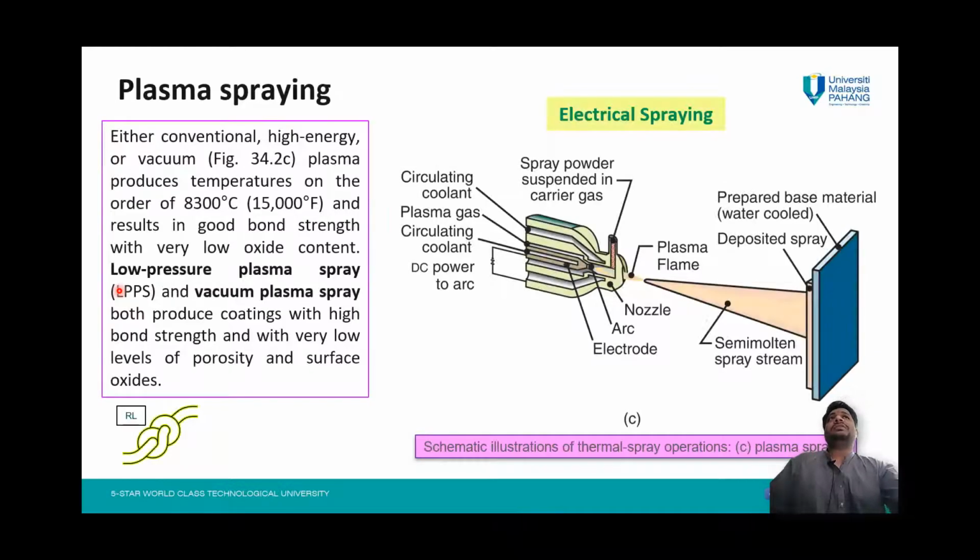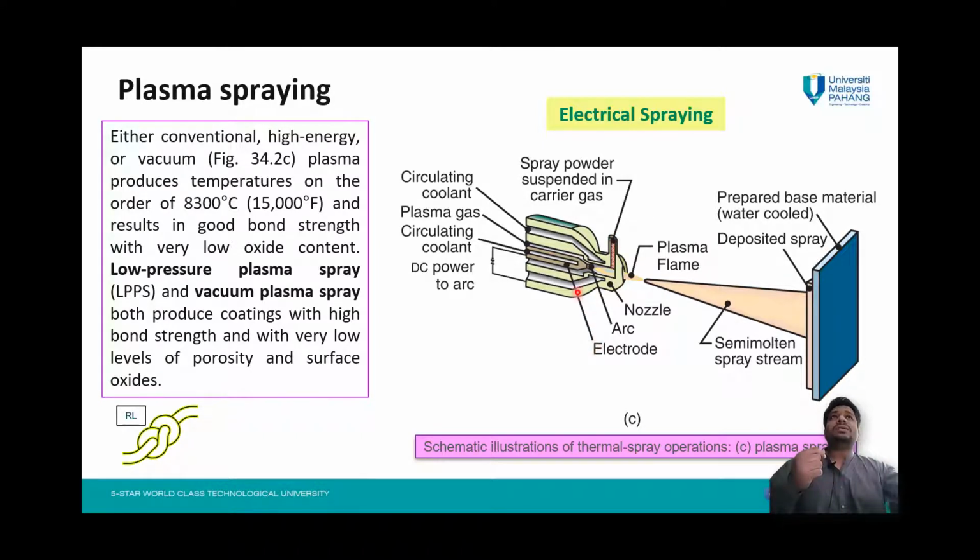Next, we move on to the electrical type, in which you can see we have spray powder suspended in a carrier gas. So you've got a gas, and that gas has the powder as well. Both of them want to move, because using gas pressure, you are going to flow the powder towards the surface that you want to coat.